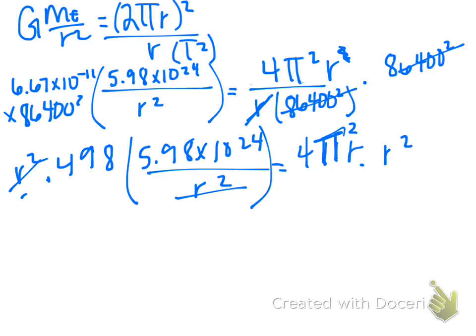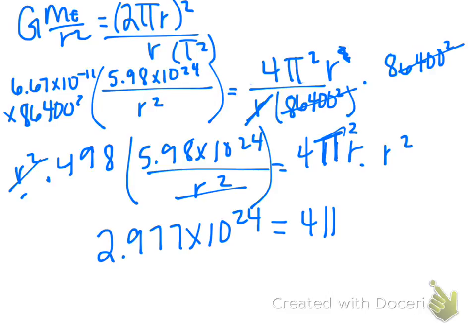Again, this is not the only path you can take to get there. What's r times r squared? R cubed. Next step, we're going to divide by 4, divide by pi squared.